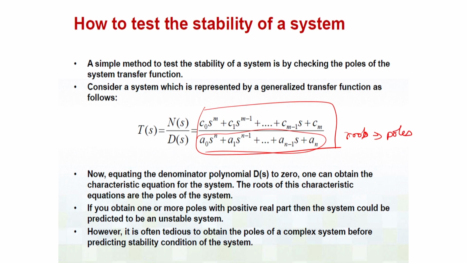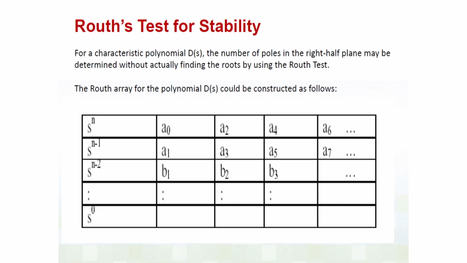If the poles have positive real parts, even if they are complex, the system is going to be unstable. But of course, it is not easy every time to carry out this factorization for an nth order polynomial. So, there is a simpler method called the Routh stability criterion, that you can utilize to check the stability of your dynamic system.